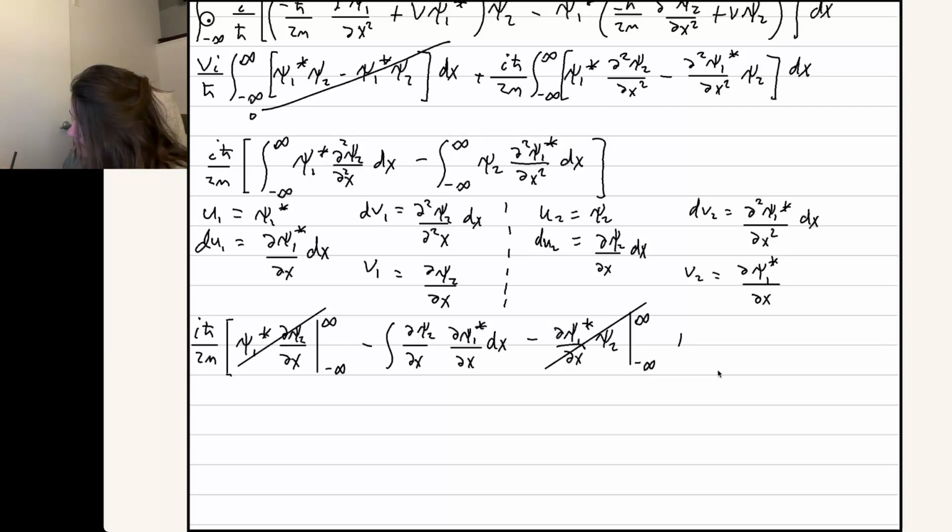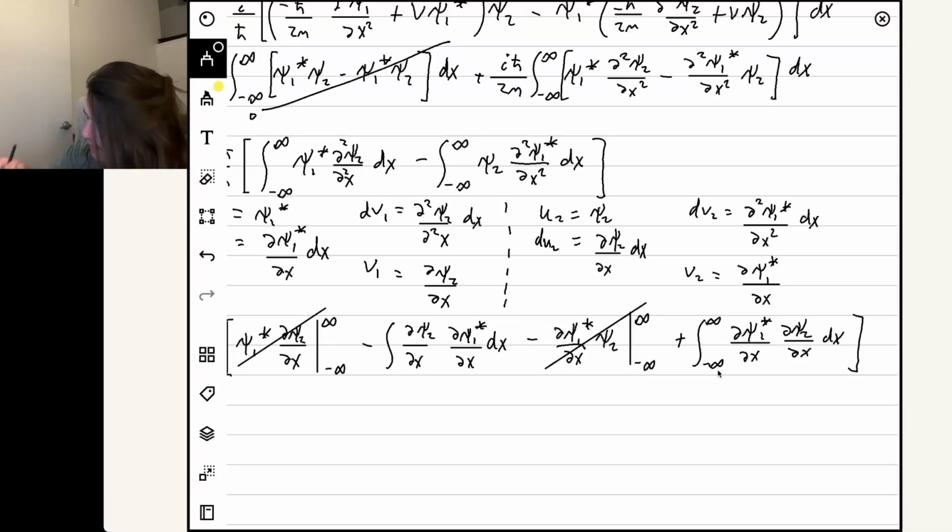And then finally plus the integral from minus infinity to positive infinity of v du, which is del psi 1 star del x times del psi 2 del x dx.